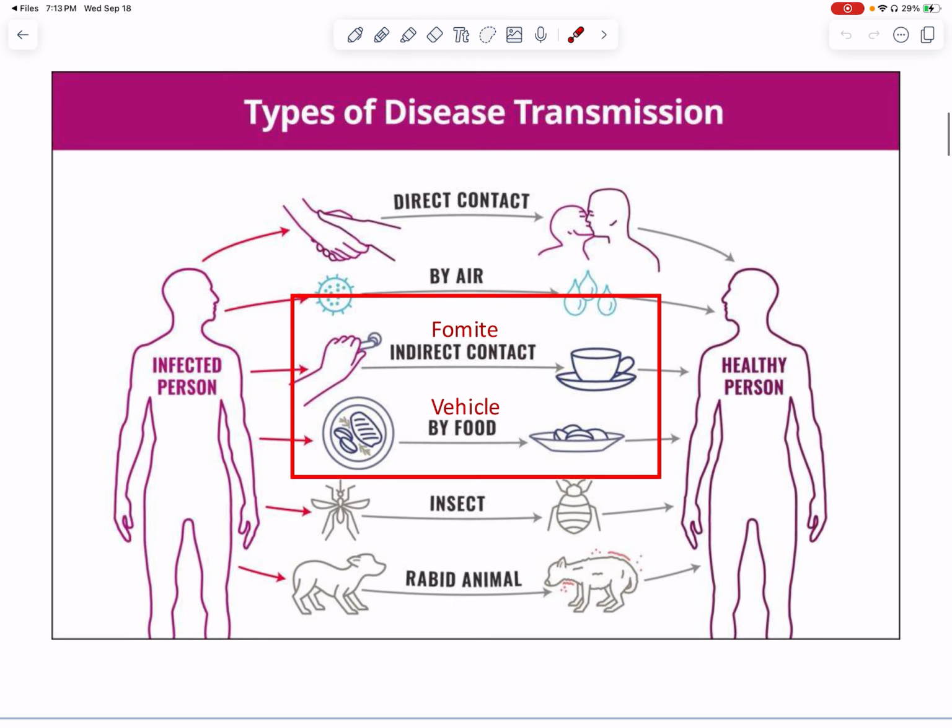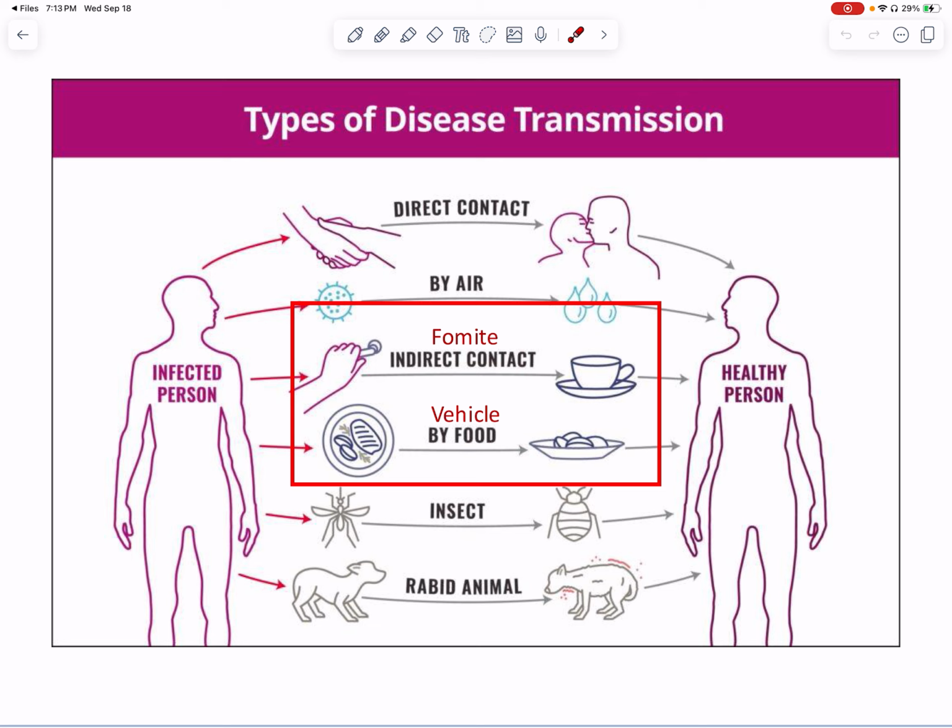But ultimately, all of these techniques, whether it be antisepsis, sterilization, or disinfection, it really comes down to preventing disease transmission or microbial spreading. And there are a number of different ways that people can be infected, obviously through direct contact, through shaking hands or kissing.